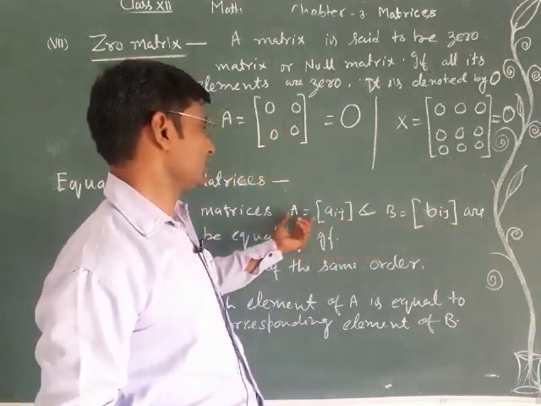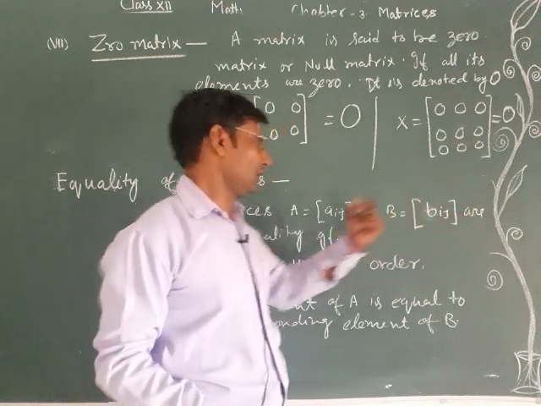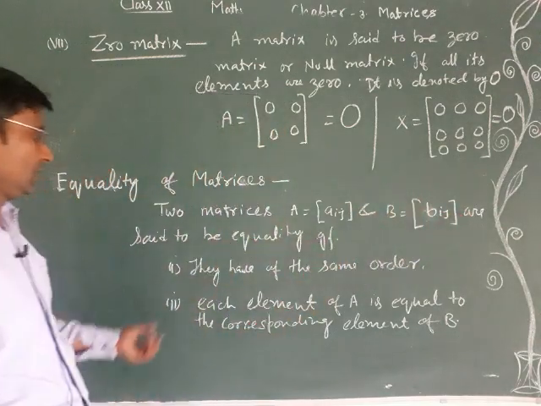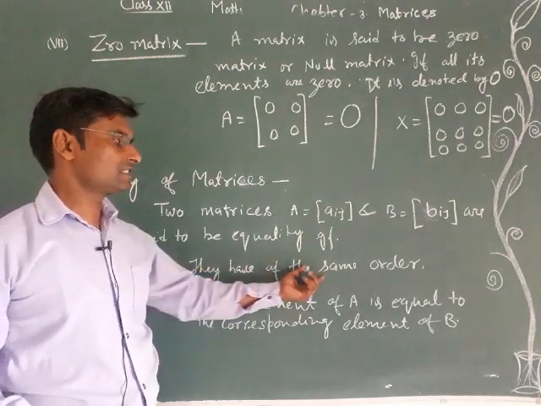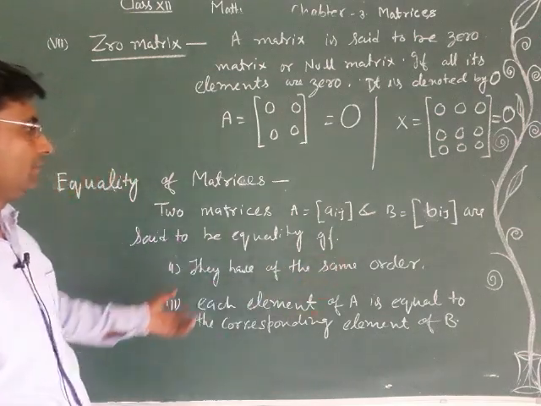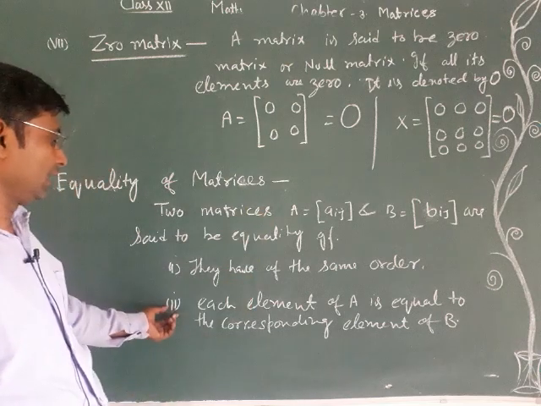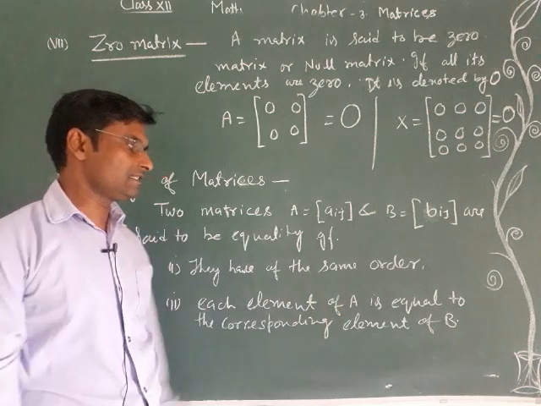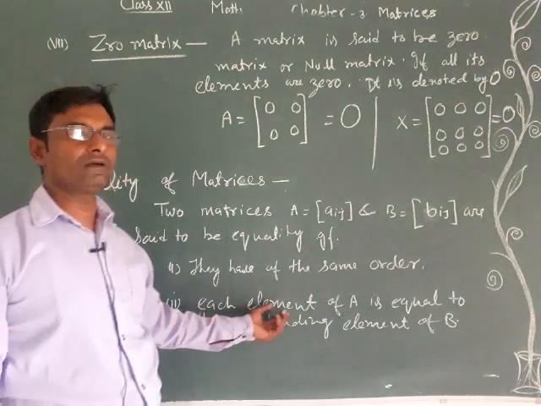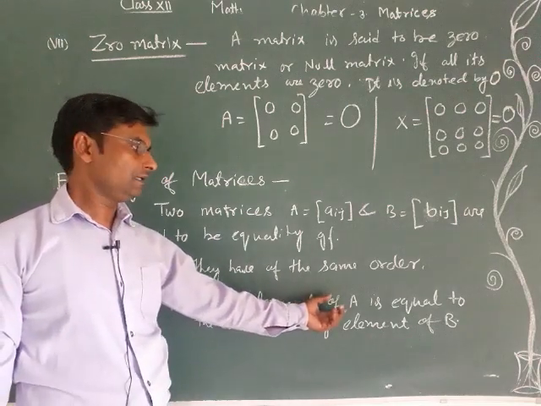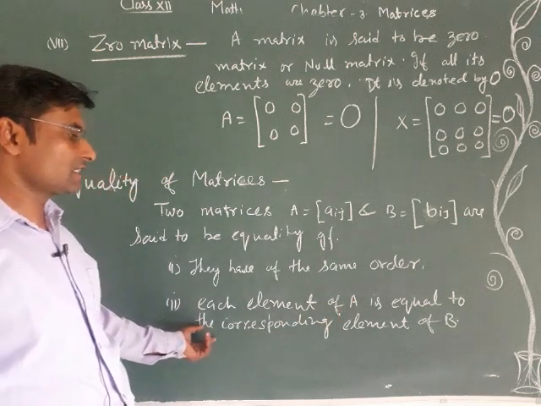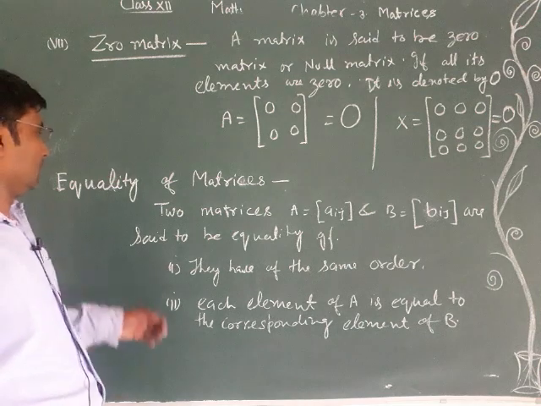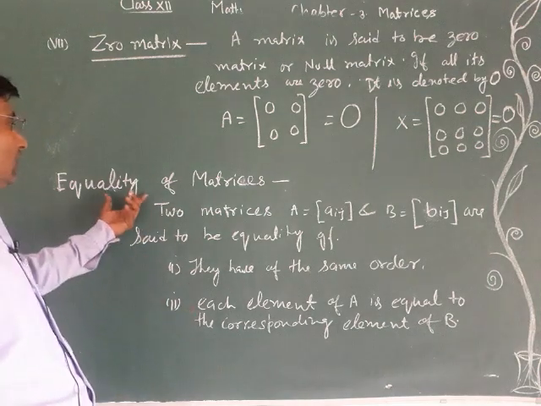The two matrices A and B are said to be equal if they have the same order and each element of A is equal to the corresponding element of B. This is called equality of matrices.